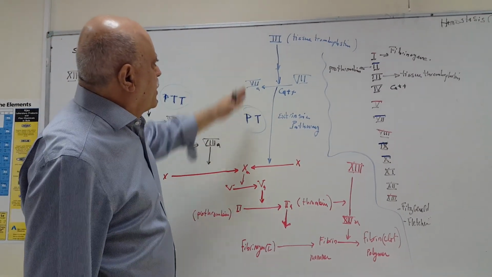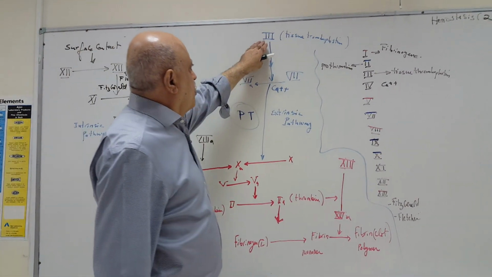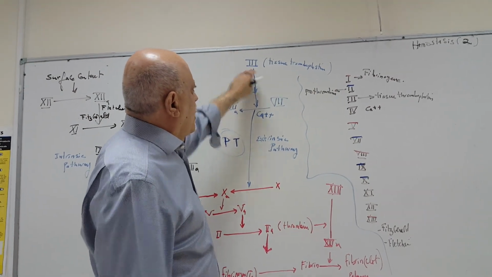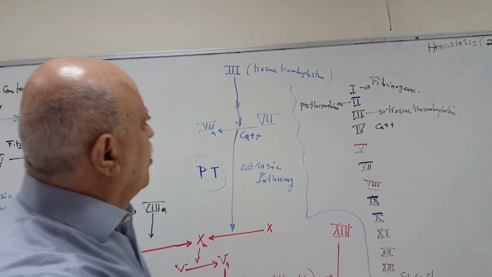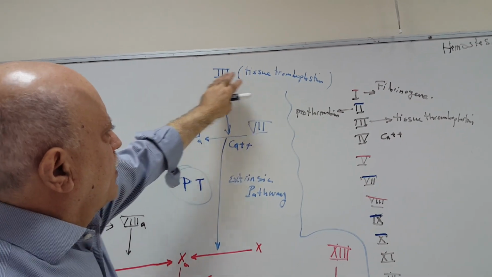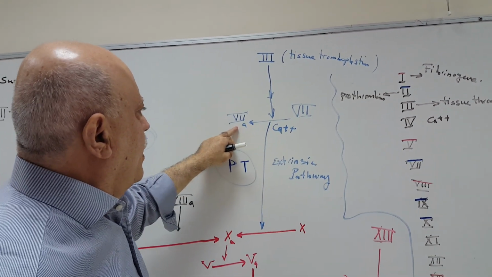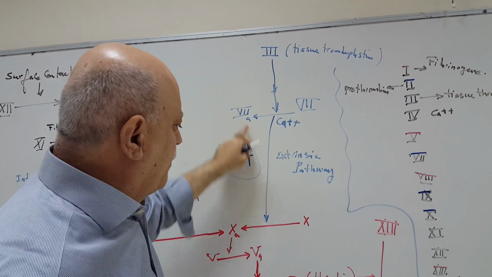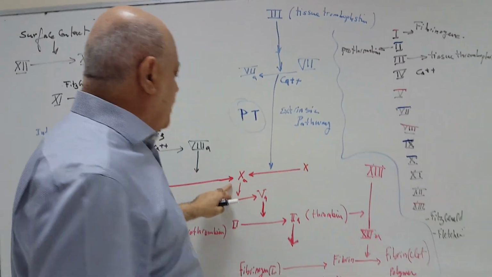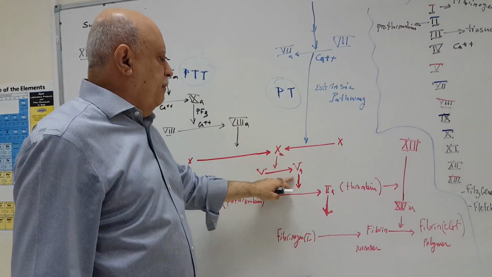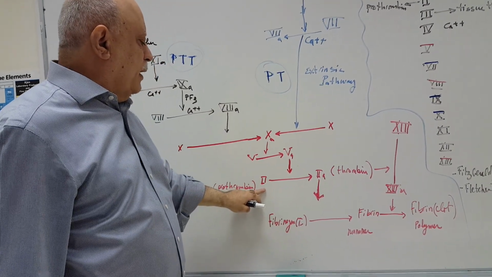The extrinsic pathway starts from tissue thromboplastin. As soon as we have a cut, the tissue thromboplastin, a clotting factor inside the tissue, leaks into the blood and activates factor 7, factor 7 activates factor 10, factor 10 activates factor 5, and factor 5 activates factor 2.